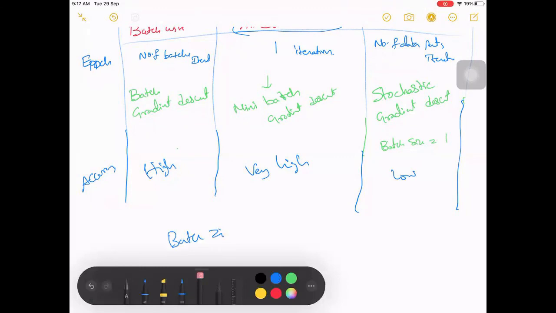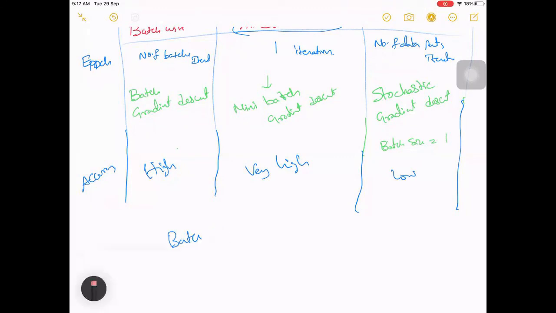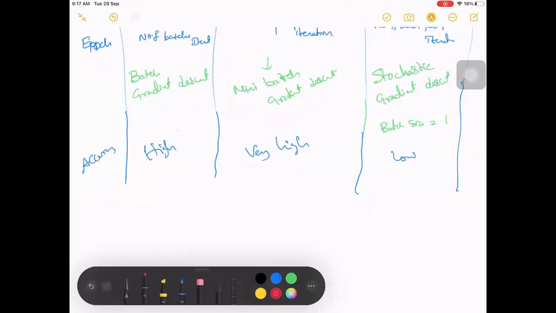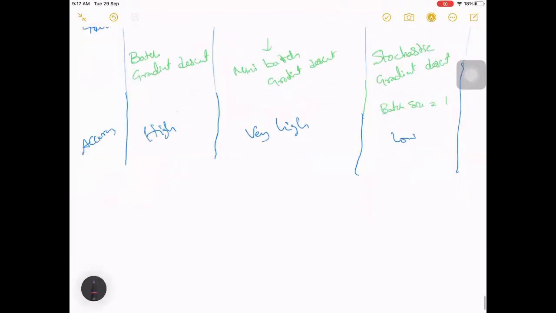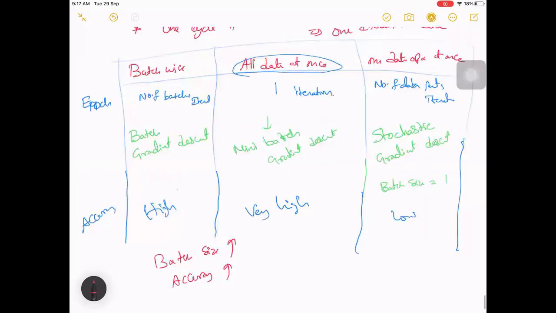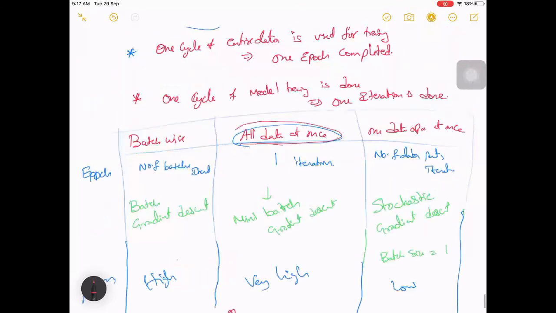If you increase your batch size, your accuracy increases. So this is one thing we should also see. Mostly that's why, if it is possible, you can go with all data at once, or else we can go batch-wise.